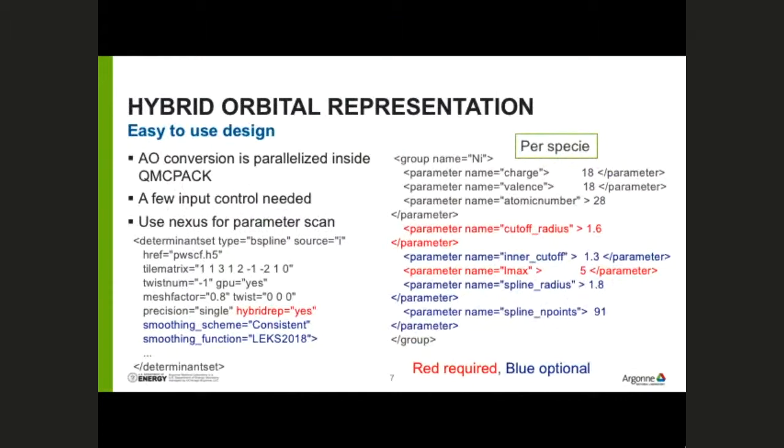To use this feature I made it rather simple. The current route is from Quantum ESPRESSO. You run your usual Quantum ESPRESSO calculation, there's no action item there. Then when you run QMCPACK, you need to supply these input keywords. It comes in two parts. One is to turn on the feature with a bit of tweaking of parameters.